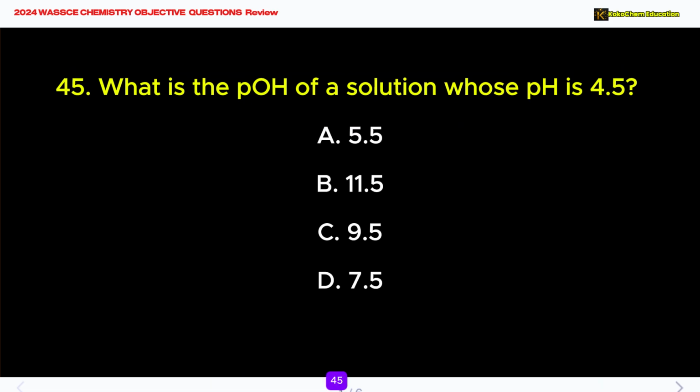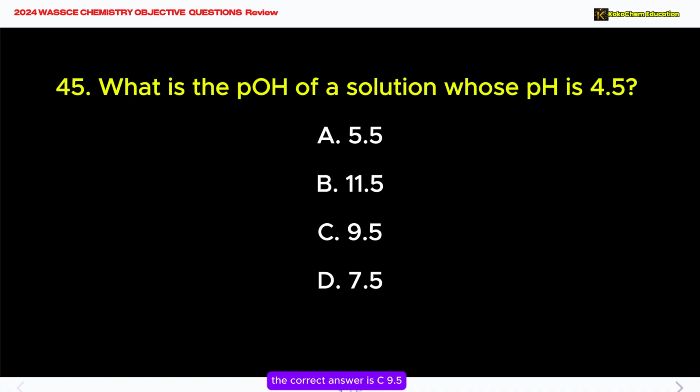45. What is the pOH of a solution whose pH is 4.5? A. 5.5, B. 11.5, C. 9.5, D. 7.5.